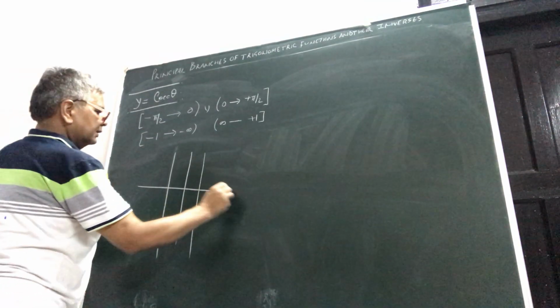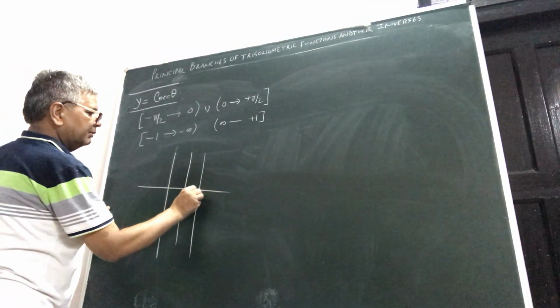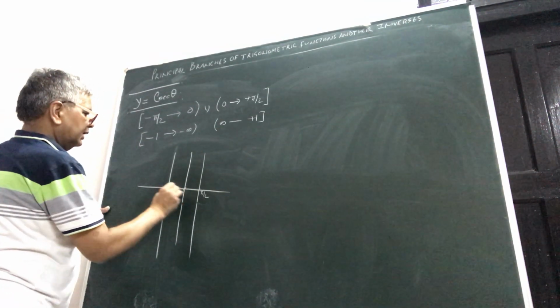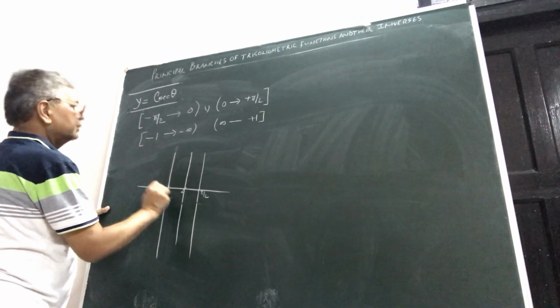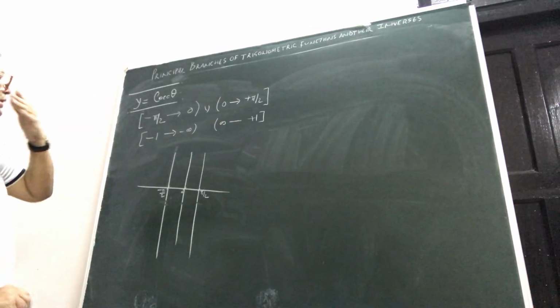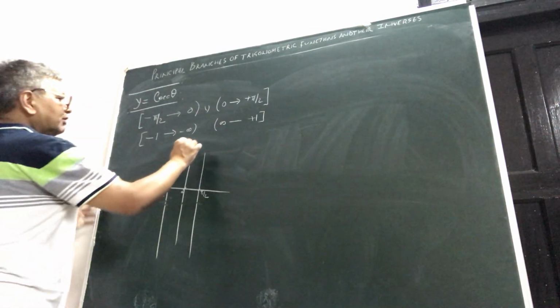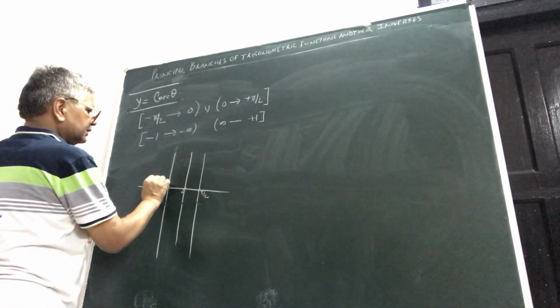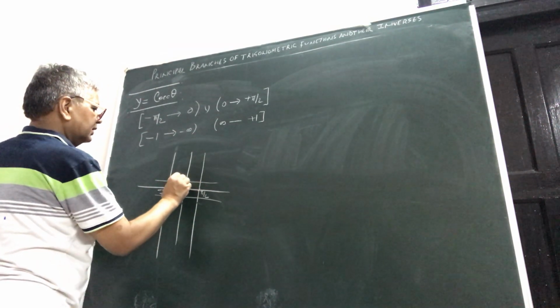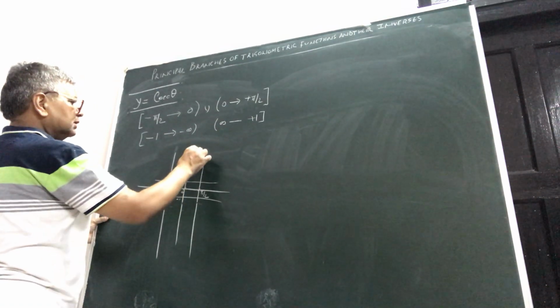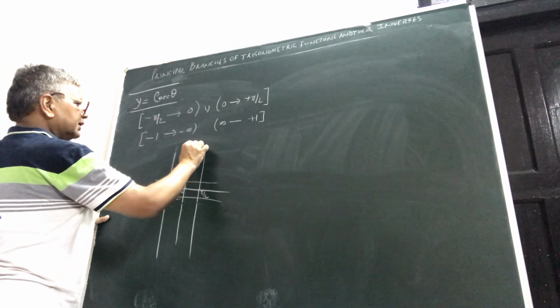Yes, it is 0 here, pi by 2 over here, and this is minus pi by 2. Okay, so the branch of cosec theta is like this. So it will be coming like this. And this is plus 1 suppose, and this is minus 1. So it will be like this, please see.